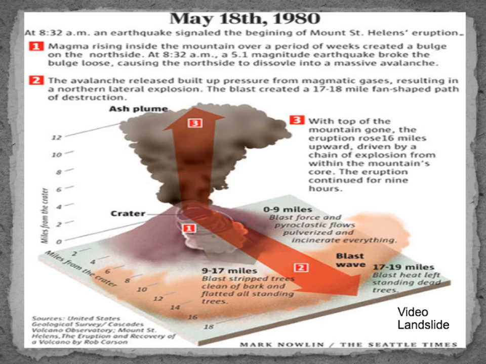Well, when this earthquake happened, a small hole opened in the rock, and that pressure was released, and it sent out a 17 to 18 mile fan-shaped path of destruction coming out from the main vent of the volcano.